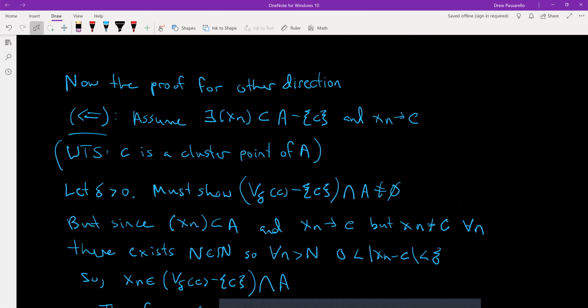Since the sequence xn is contained in A, and xn converges to C, but xn can't be equal to C for all n, then there exists a capital N such that for all little n bigger than capital N, we have 0 less than the absolute value of xn minus C, less than delta, due to the convergence that we're assuming.